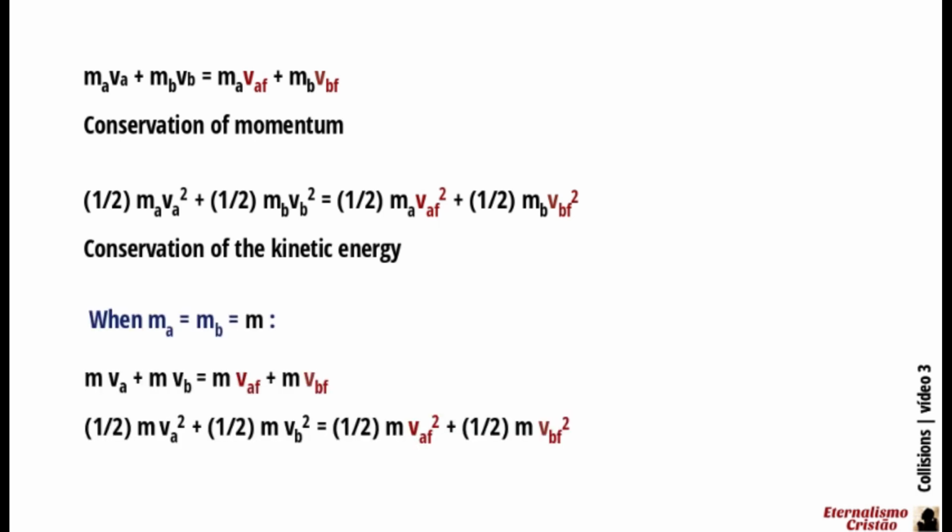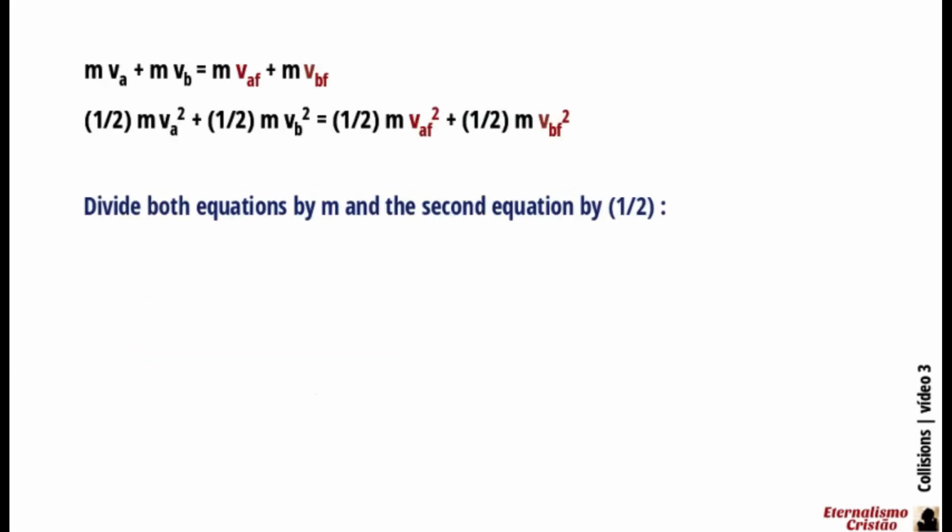In this video, we study the situation where the masses of the two bodies, A and B, are equal. Divide both equations by m, and the second equation by 1/2.